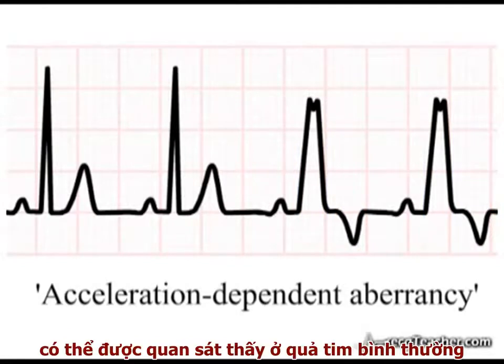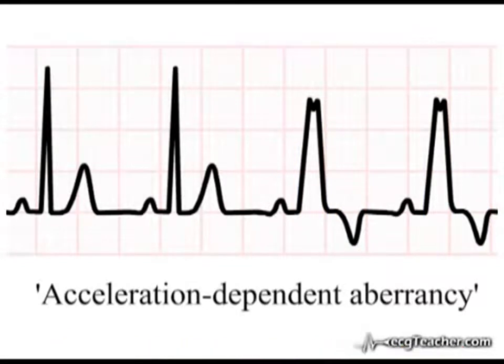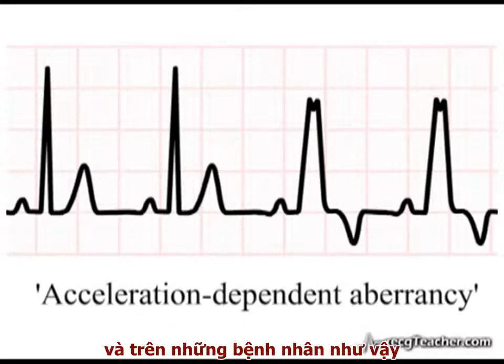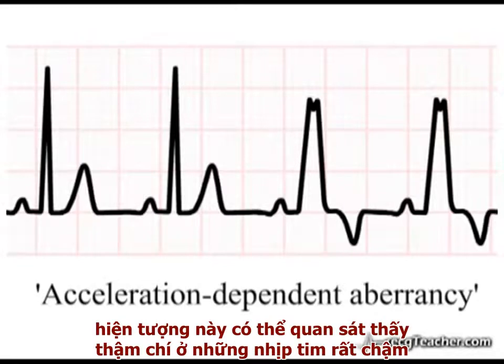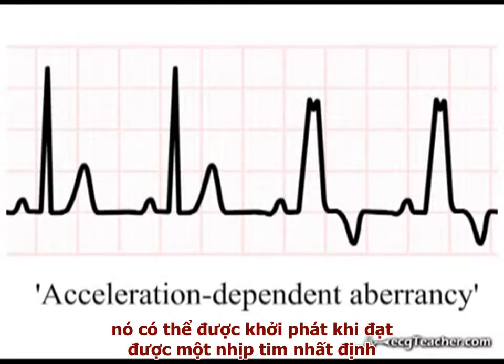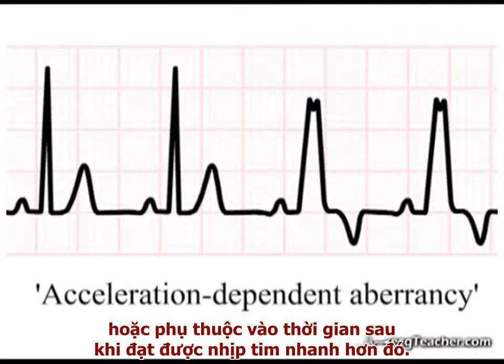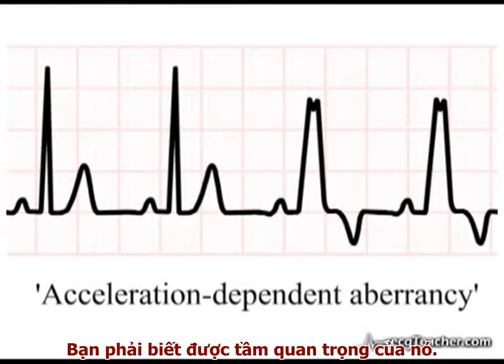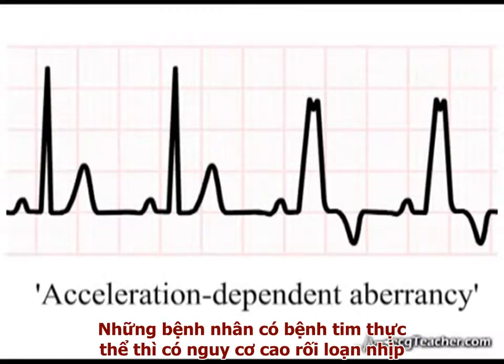Acceleration-dependent aberrancy can be observed in normal hearts at extremely high heart rates. However, it is usually a marker of organic heart disease, and in such individuals can be observed at surprisingly low heart rates. In individual patients, it may be triggered on reaching a given heart rate, or may be dependent on the time spent at a higher heart rate. You will appreciate its importance. Patients with organic heart disease are subject to arrhythmias.